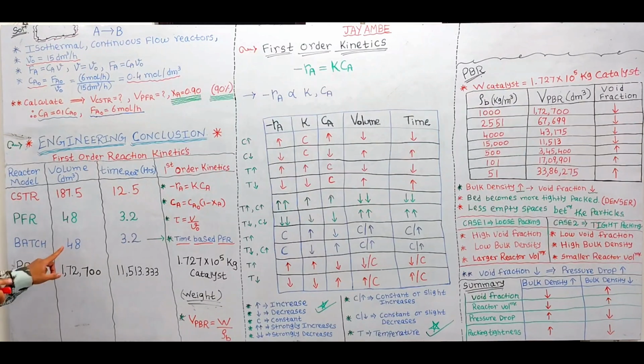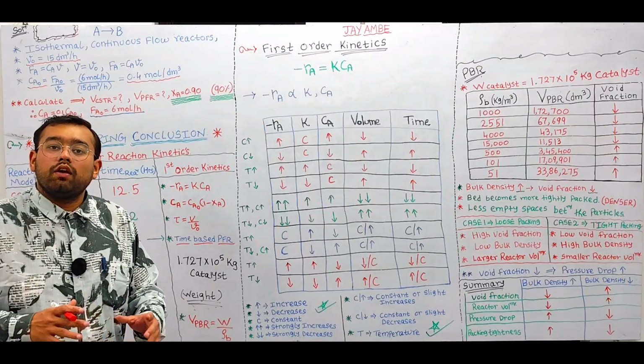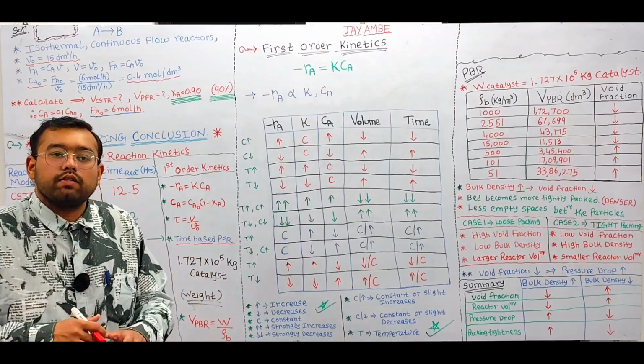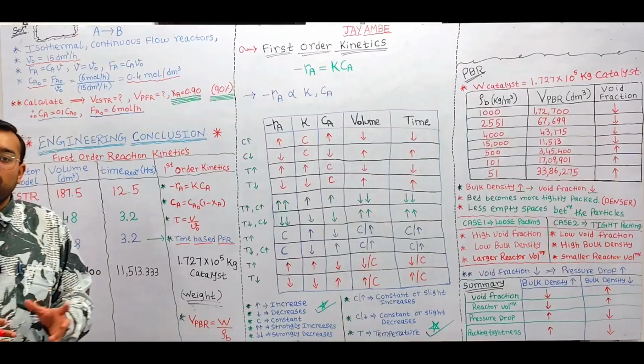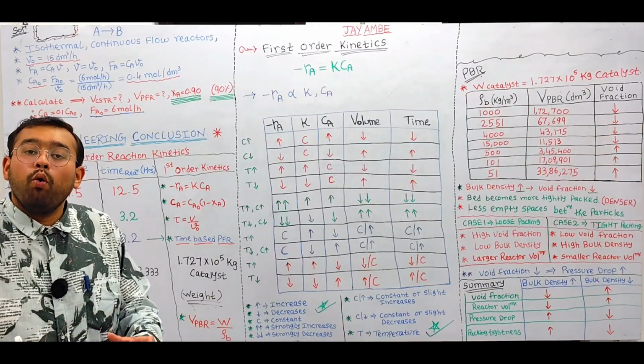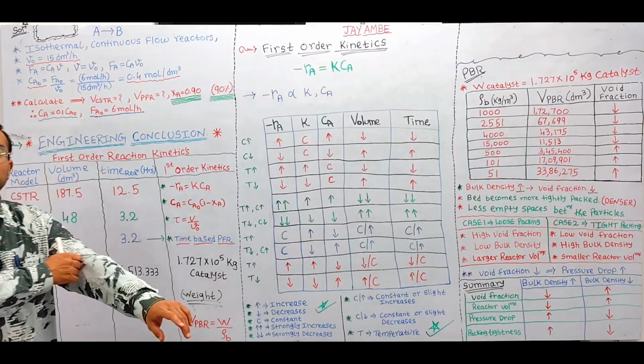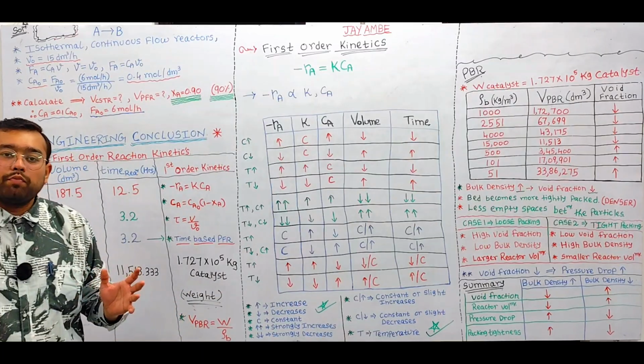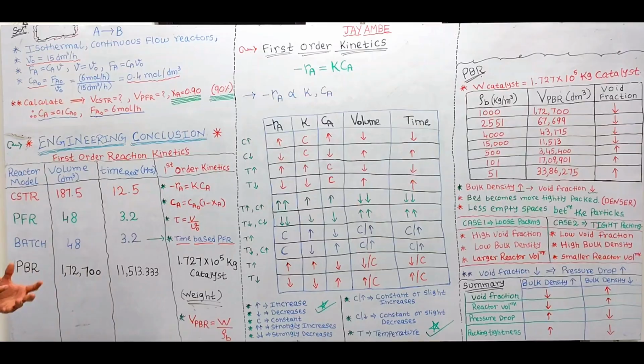Why? Because if we select the batch reactor, there is an increase in operational cost and in maintenance, and it consumes more time. Due to those reasons, we try to prefer the plug flow reactor. I hope you understood.